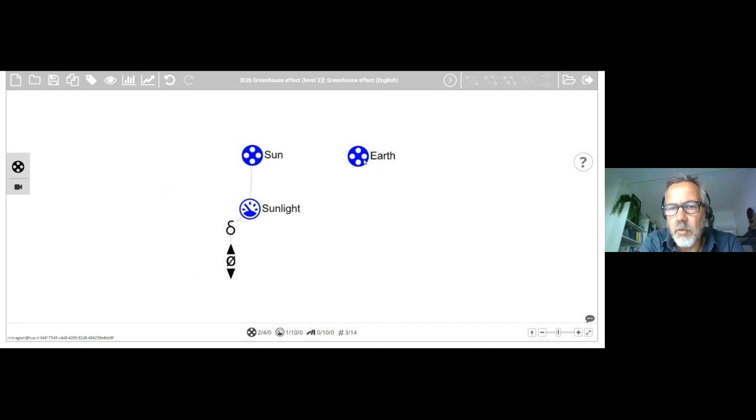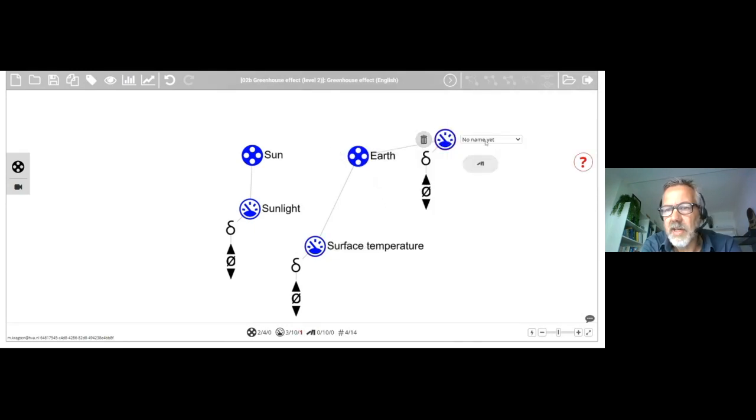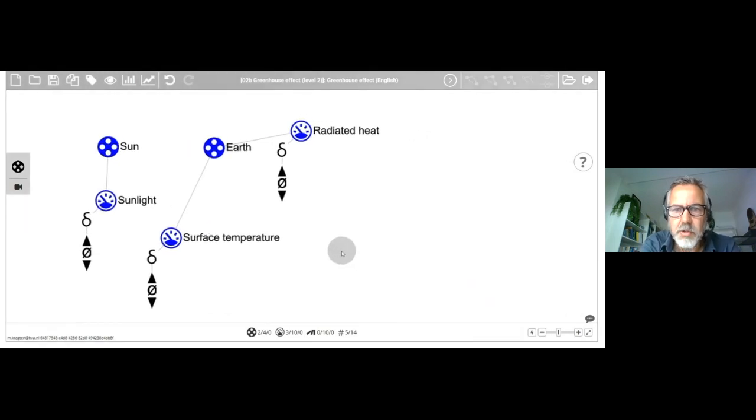So another thing in a model, also a physical object, is Earth. So that's an entity, and by working in a workbook, they find out that the Earth has two properties, two quantities, namely surface temperature and radiated heat.